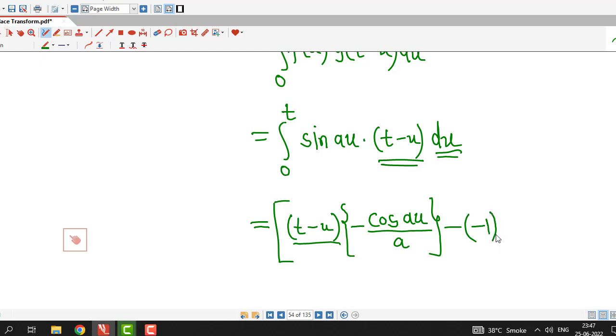Derivative of minus u with respect to u is minus 1. Derivative of t is 0 because t is constant when we integrate with respect to u. So the derivative of t minus u with respect to u is minus 1, and in the product we have to consider the integral of this function, minus cos au divided by a.